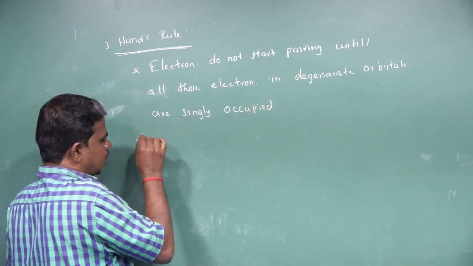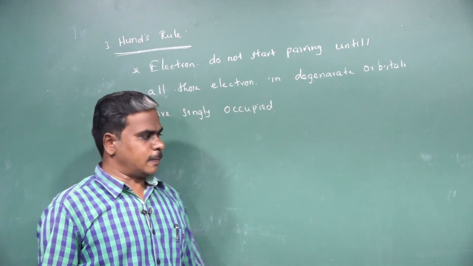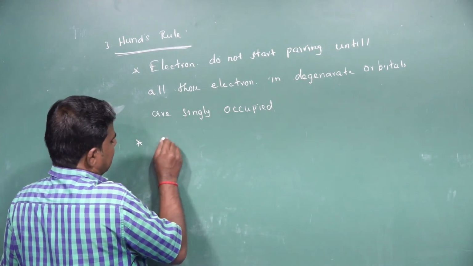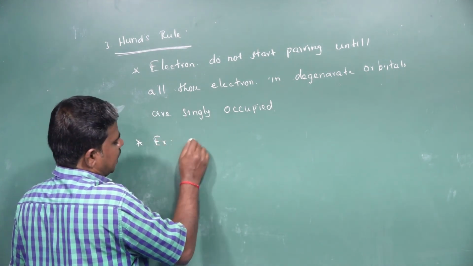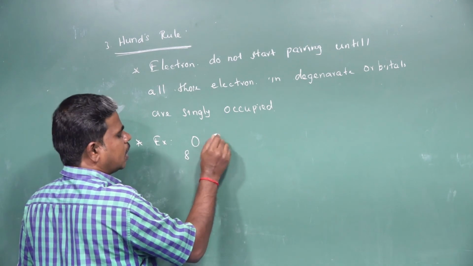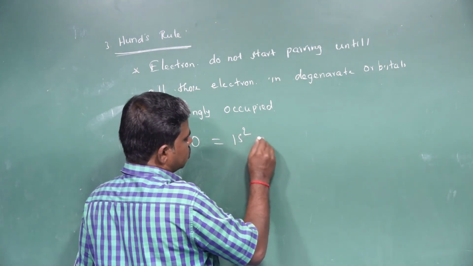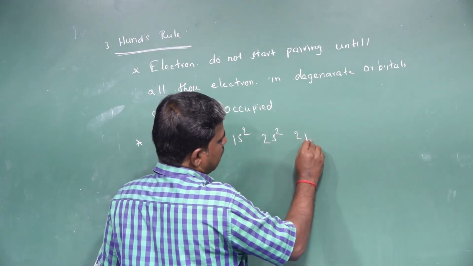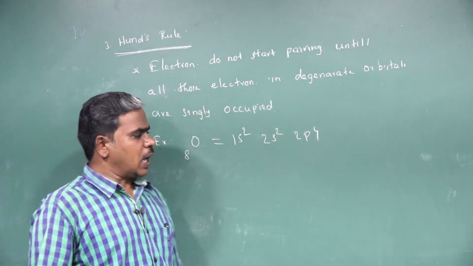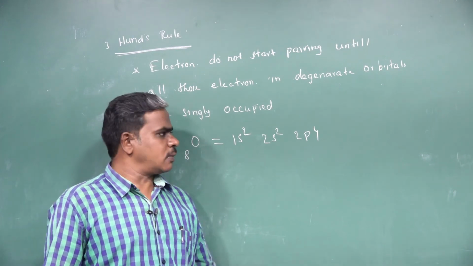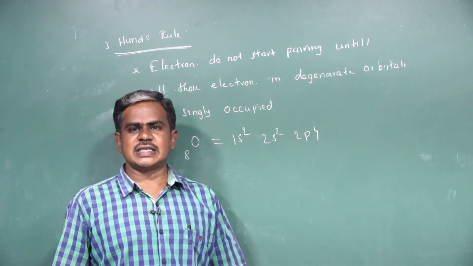If you consider degenerate orbitals, we take an example, oxygen, atomic number 8, and its electronic configuration is 1s2, 2s2 and 2p4. Among these, which one is the degenerate orbital? The p orbital is the degenerate orbital.